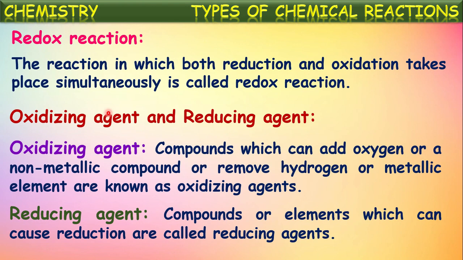So those substances which are helping in that reduction, either by removing oxygens or by adding hydrogens to the substance, are called reducing agents. Oxidizing agents means the chemical substances which are helping the oxidation of some other substance, either by adding oxygen to it or by removing hydrogen from the substance, are called oxidizing agents. Okay.